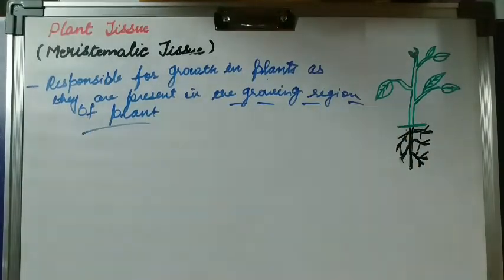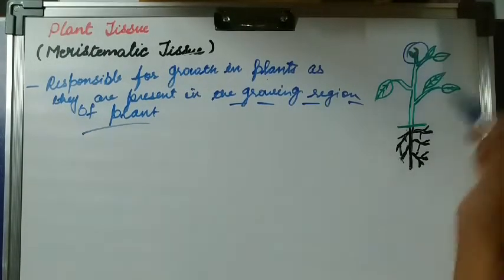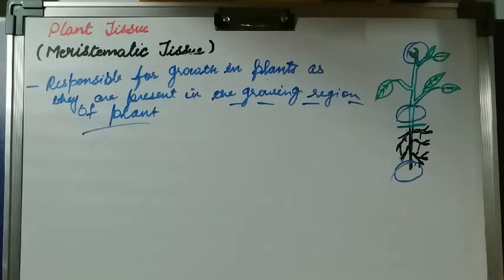So what is this growing region of plant? That is the tip of the shoot, tip of the root, and the stem portion. It is present on these three parts.